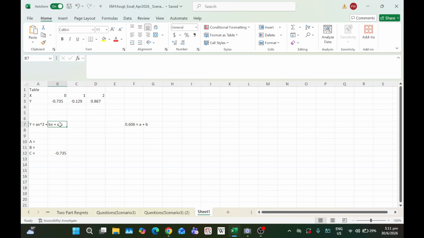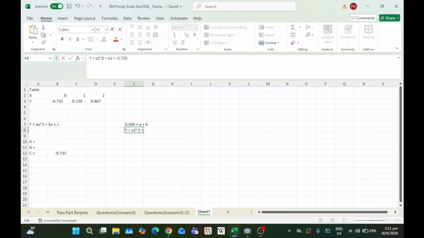For the other value, I'll be taking the second value of x. So when x is equal to 2, b is multiplied by 2, c is still the same, negative 0.735.